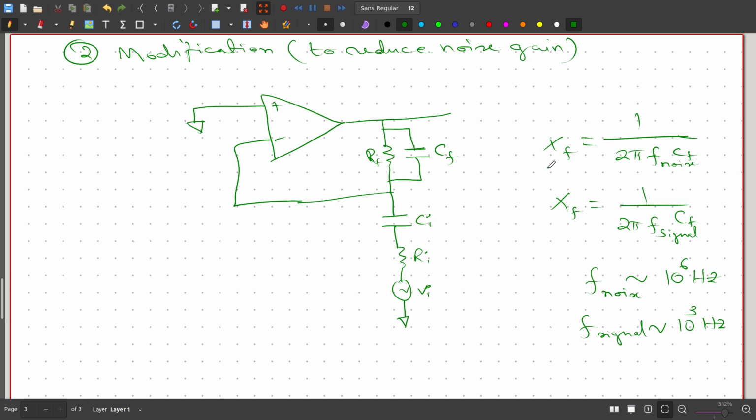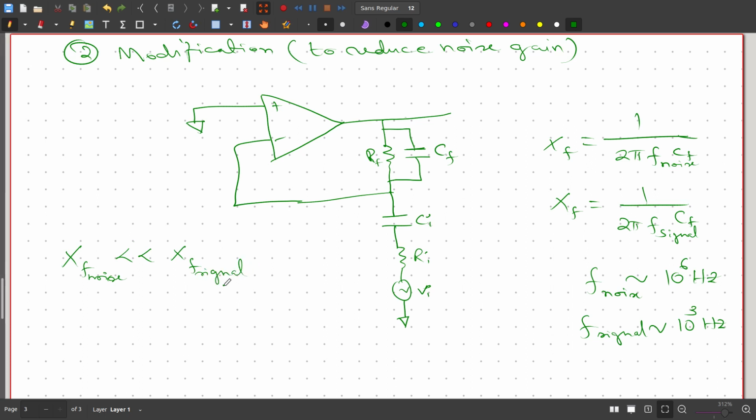Therefore, the reactance seen by the noise is much less than the reactance seen by the signal. So the reactance XF for noise is very much less than the reactance for the signal.